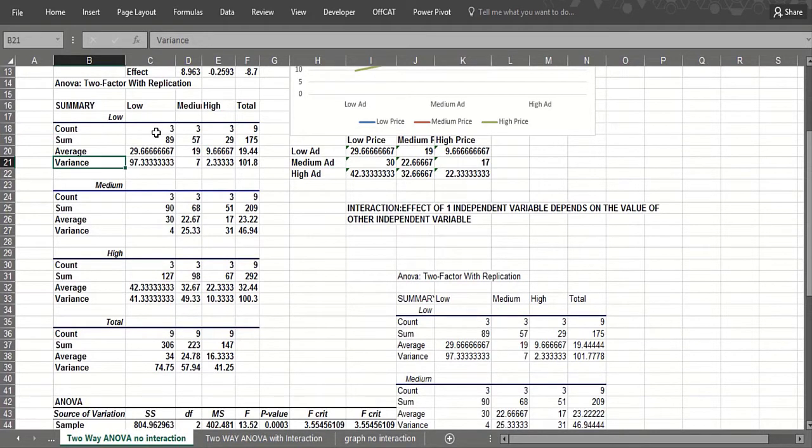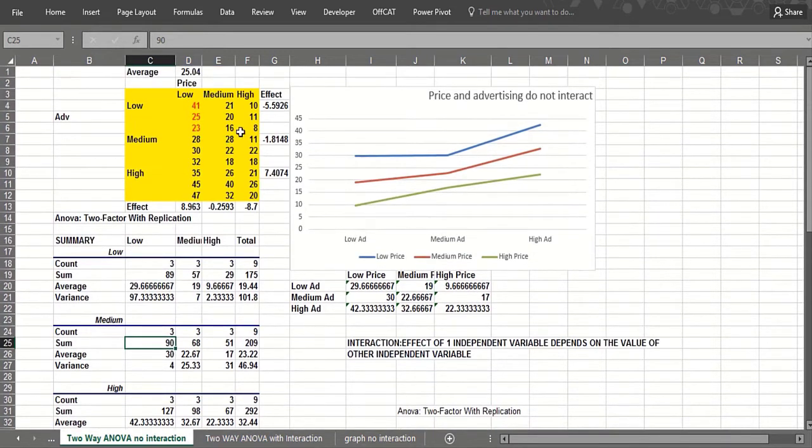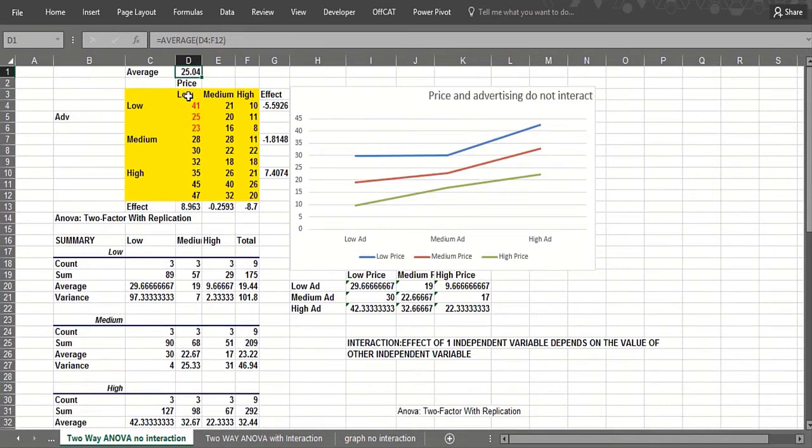So we see we have 3 observations in each group here. We've got the overall average, and then we'll be able to get the effects up here. In other words, we take the overall average, which is 25.04, for all the data points.